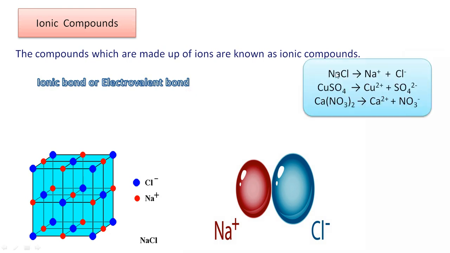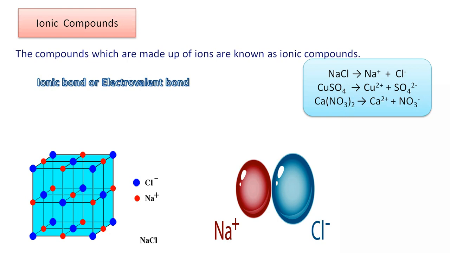Let's have a look at the ionic compound sodium chloride. It's an ionic compound because it is made of positively charged cations and negatively charged anions. So here we have Na+, that means positively charged sodium ion combined with the negatively charged chloride ion. Some other examples of ionic compounds are copper sulfate.